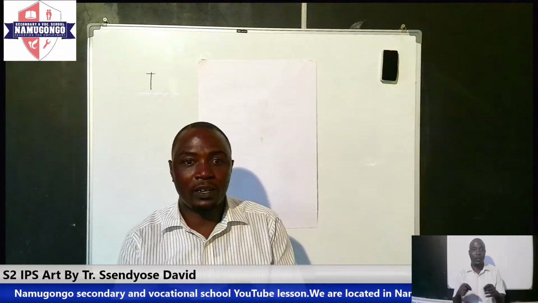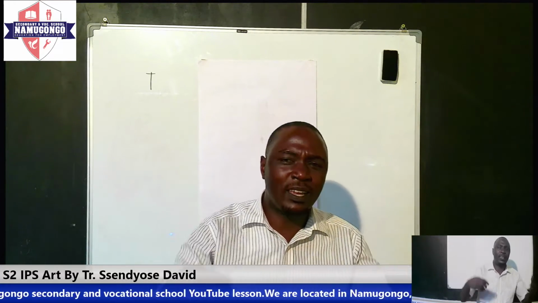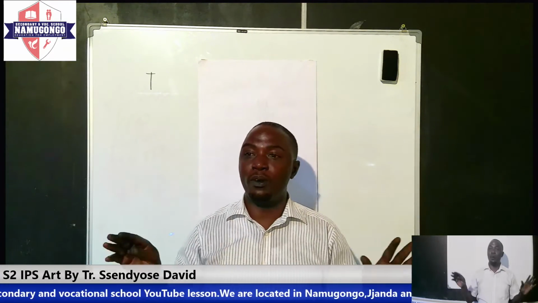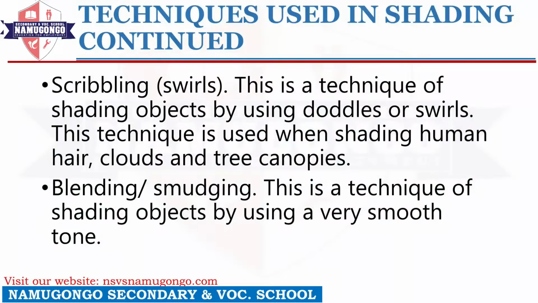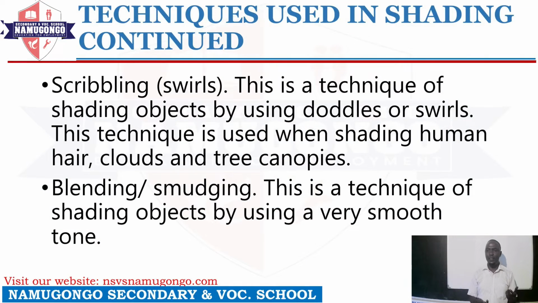So, having looked at that, allow me to proceed to the second last, and that is scribbling. It's not the first time that you're seeing this. In fact, if you don't want to use the term scribbling, we can call them swirls. And with this one, the objects are shaded using doodles. Remember in senior one, when your teachers were introducing you to drawing, they told you that you're supposed to start with doodling.